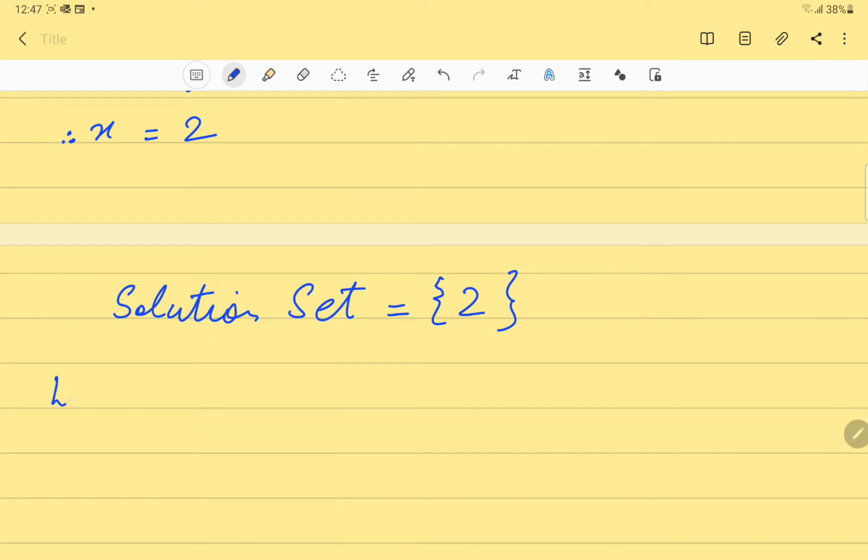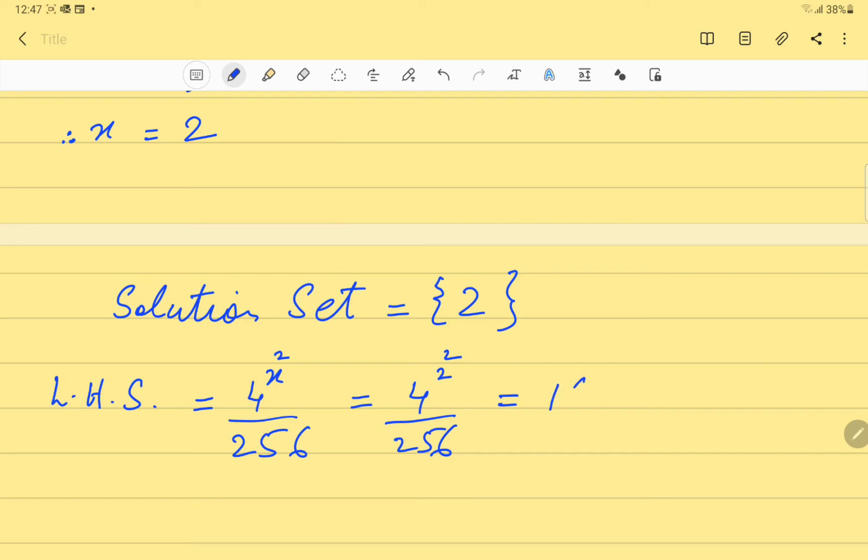Our left hand side is 4 raised to power x squared over 256. X is 2, so 4 raised to power 2 squared over 256 is equal to 4 raised to power 2 is 16, over 256.